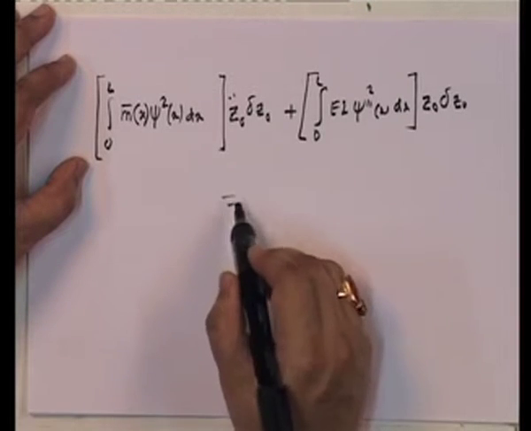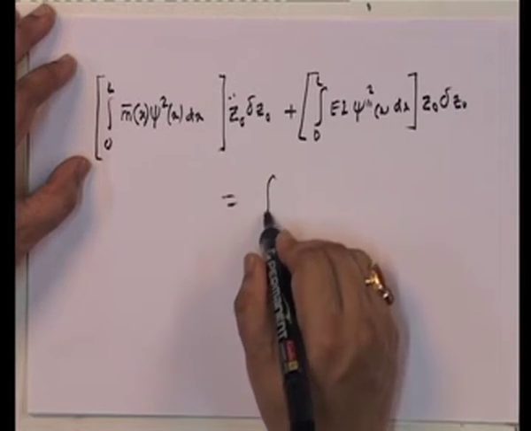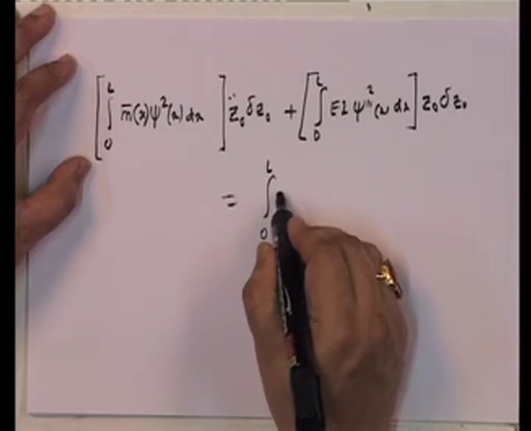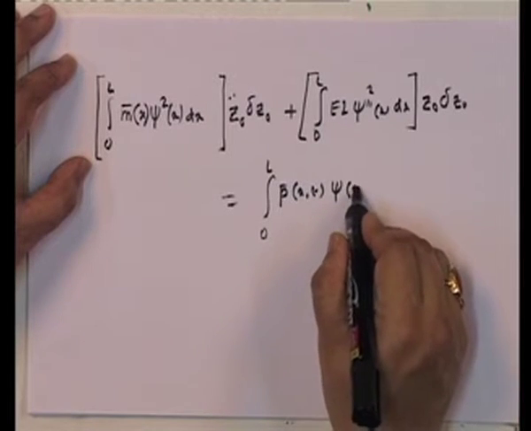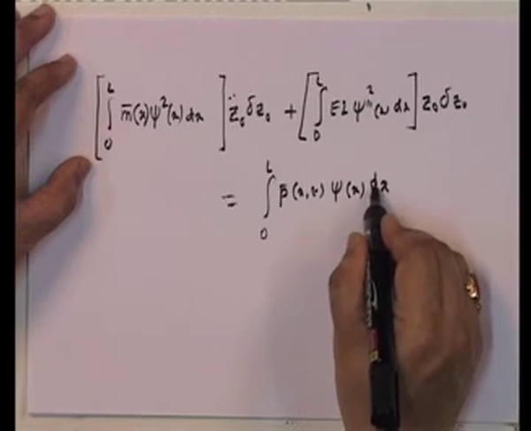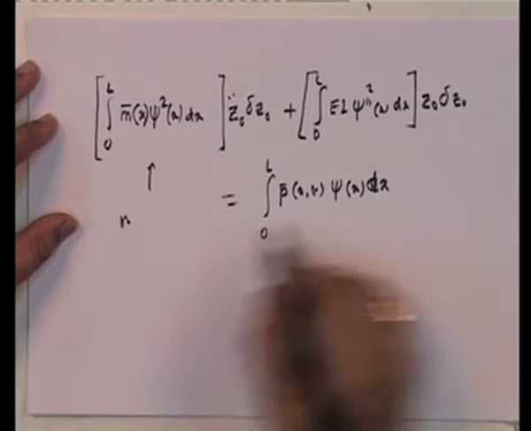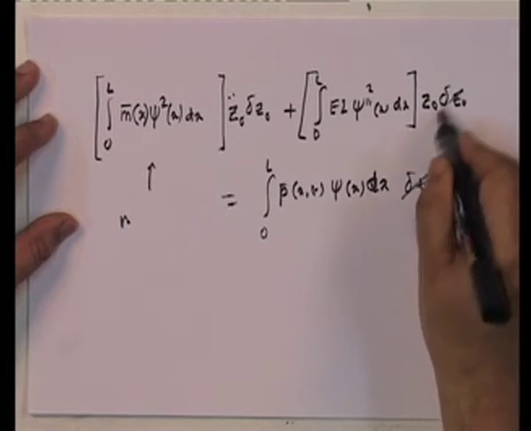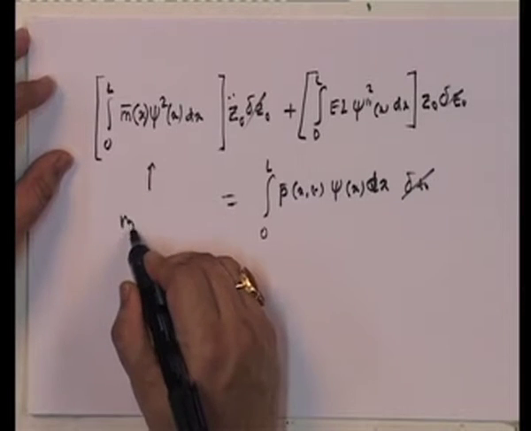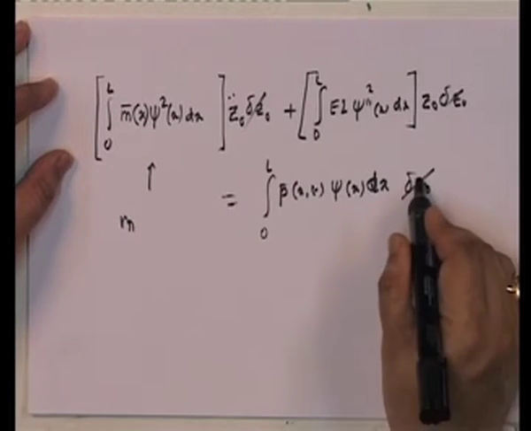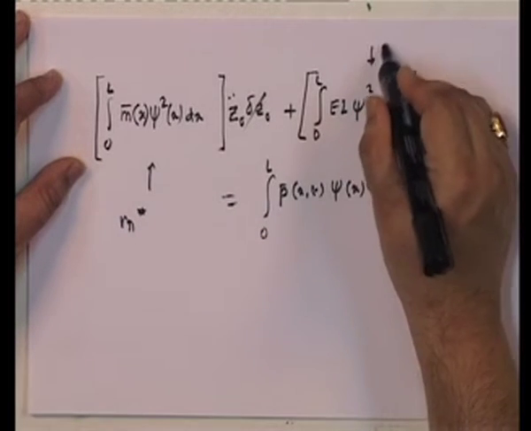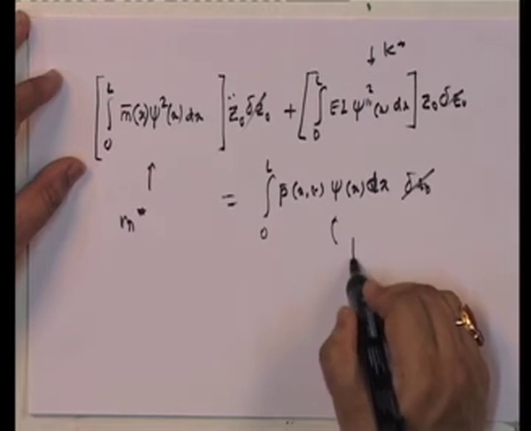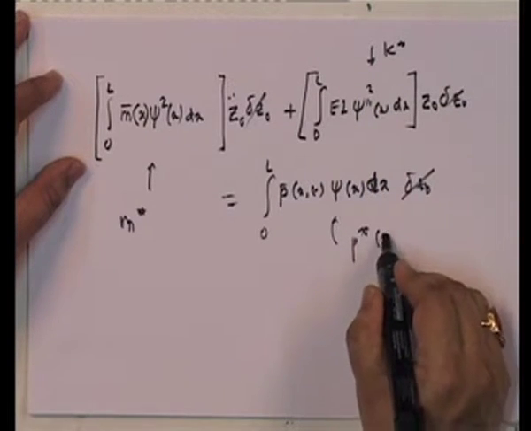These are the internal forces, and the work done by the external forces is 0 to L p bar x of t xi x dx. So, in other words, if you really look at it, all of them have del z 0. So, that I am just going to eliminate that, because del z 0 is an arbitrary displacement. So, this term is my m star, this term is my k star, and this term is my p star.